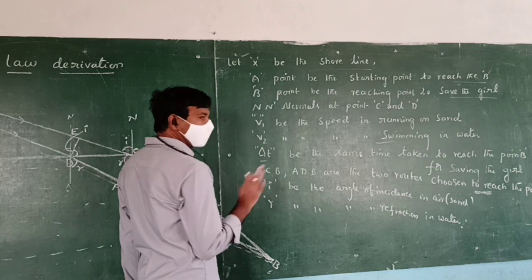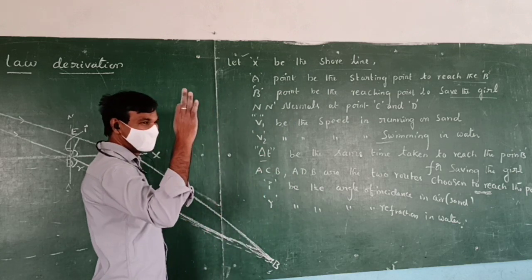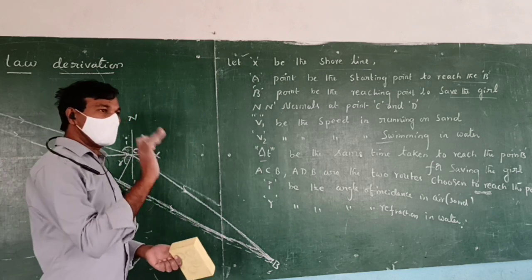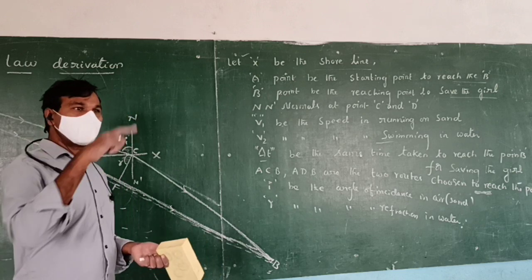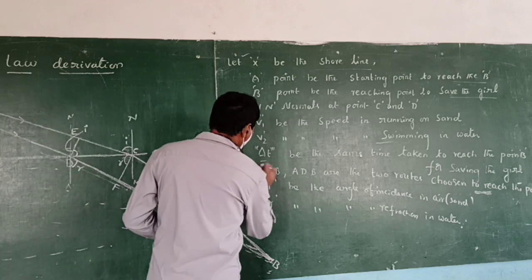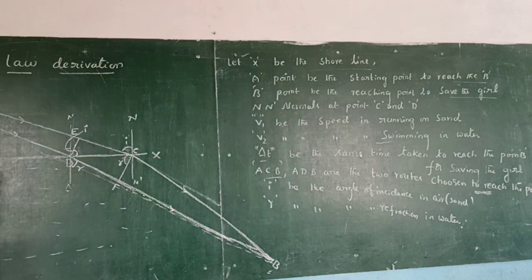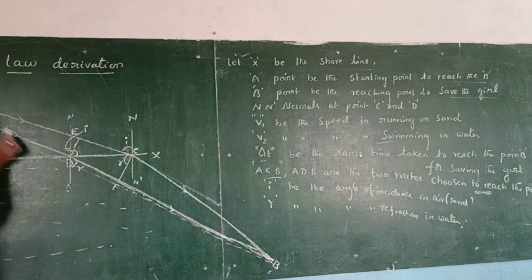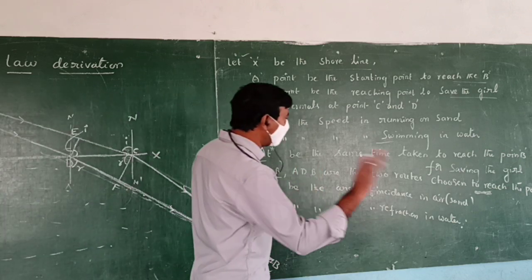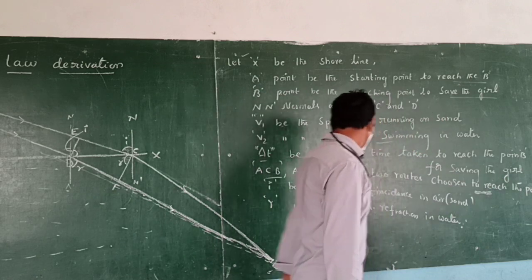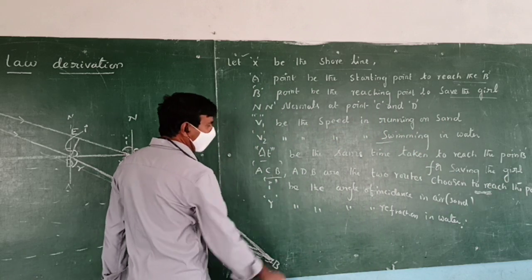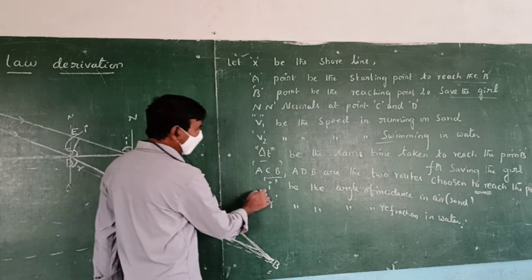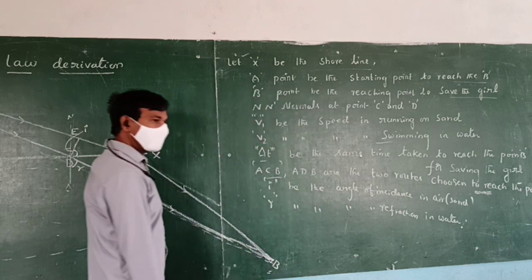Delta t means the change of time, which is the same time taken to reach point B. A, C, B and A, B are the two paths to choose to reach point B. I is the angle of incidence in air, the sand, and R is the angle of refraction in water.